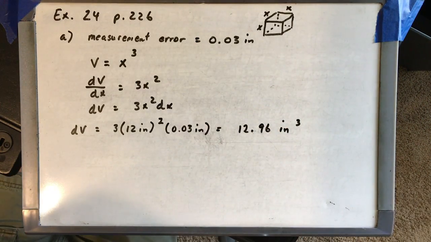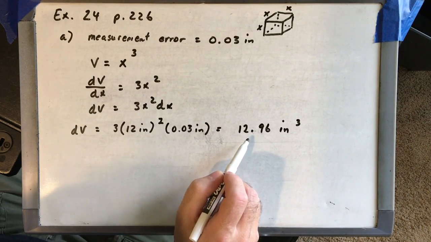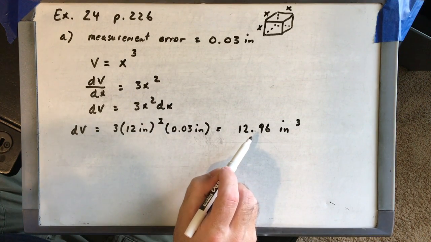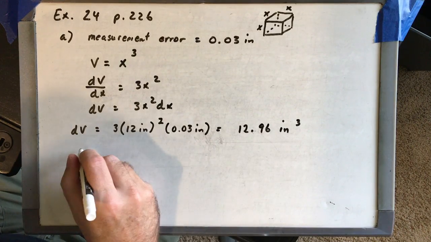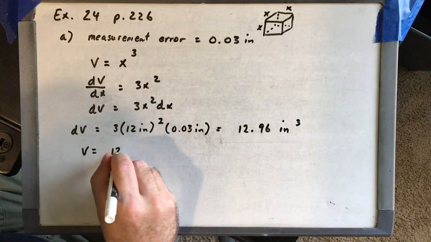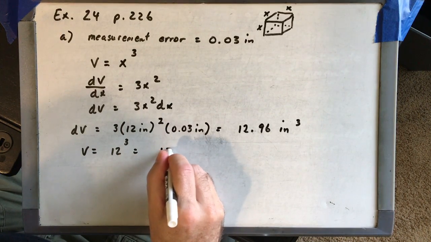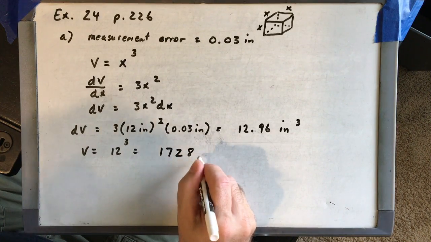inches cubed. But that's the way the book will say it, but I would rather you give me a little more information in your answer. So we know the volume is going to be 12 cubed, right? x cubed. So that's 1,728 inches cubed.